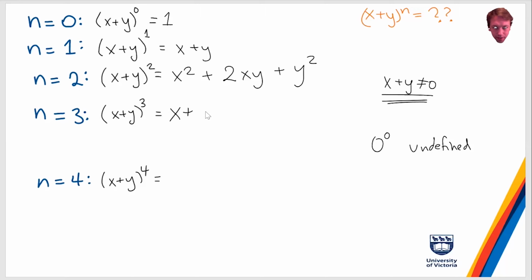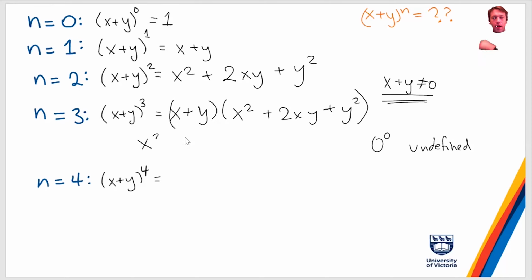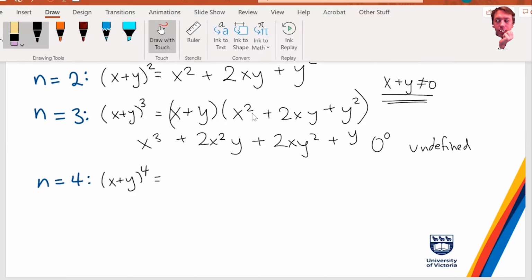So I'm not sure if this is helping much. But okay, what's x plus y cubed? Well, I can't do that in my head, so I write it like this, right? X plus y times x plus y squared. We already expanded x plus y squared. So this is x cubed plus 2x squared y, plus 2xy squared.